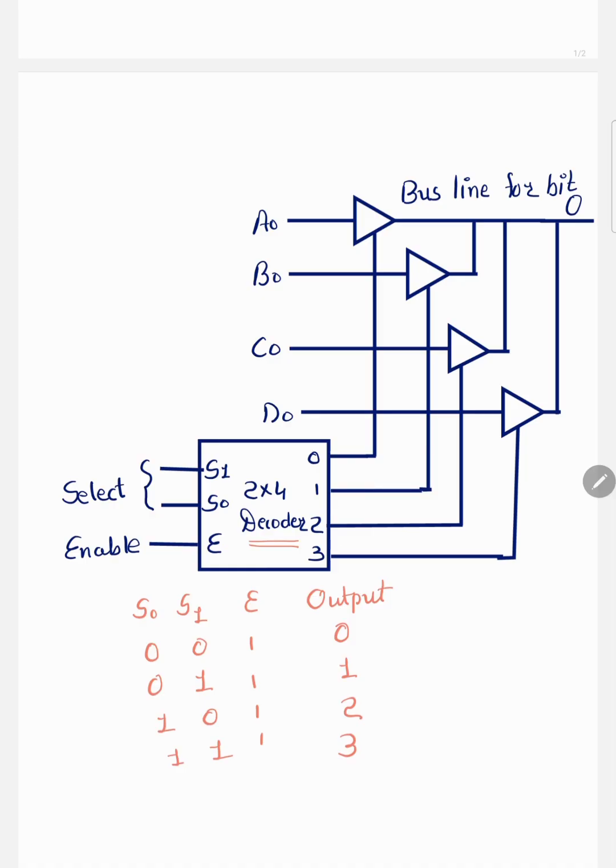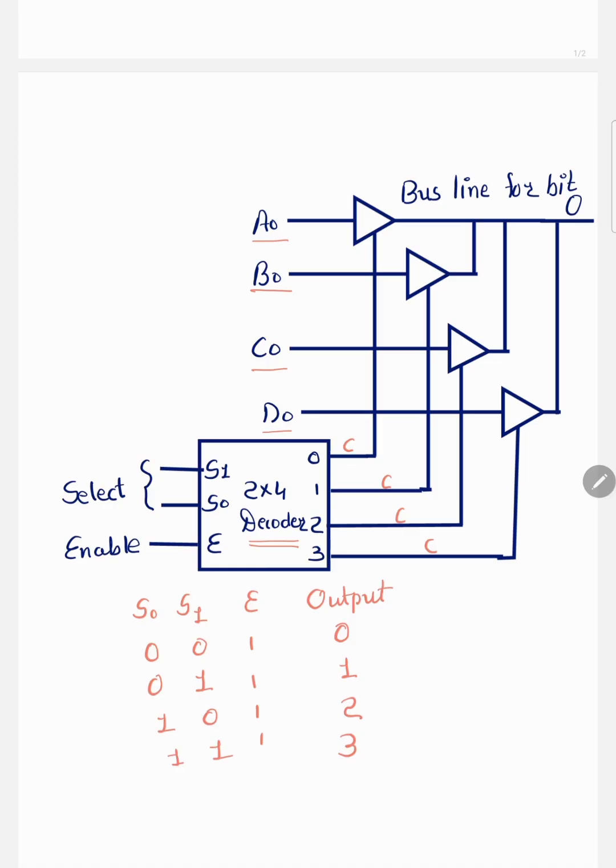Now here I am using this decoder output as a control signal, the selection line works as a control signal for all these four tri-state buffers A, B, C, D. The signals I added are the zeroth line of word A, word B, word C, and word D.